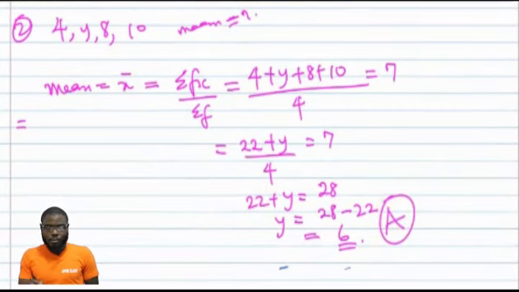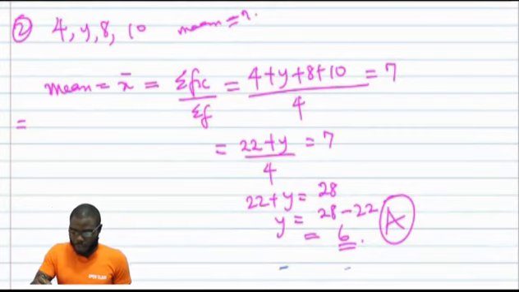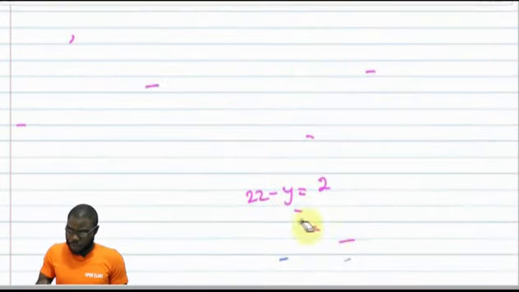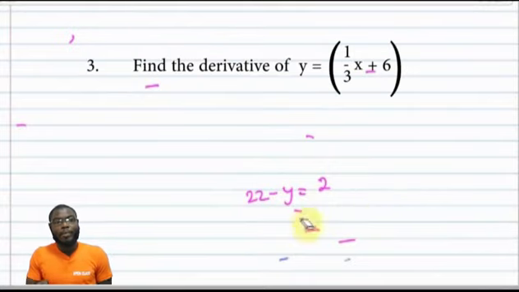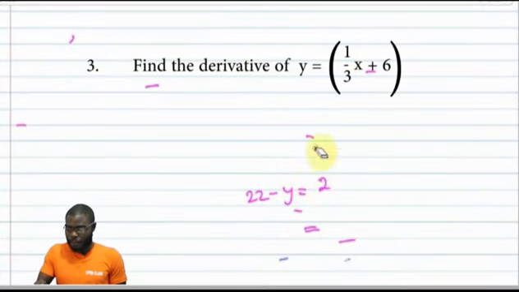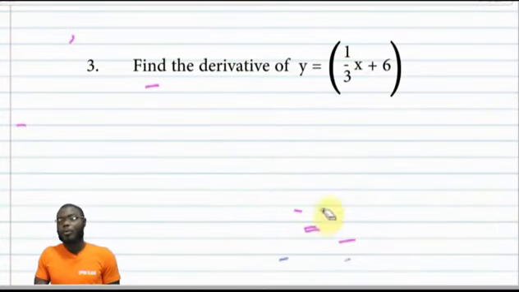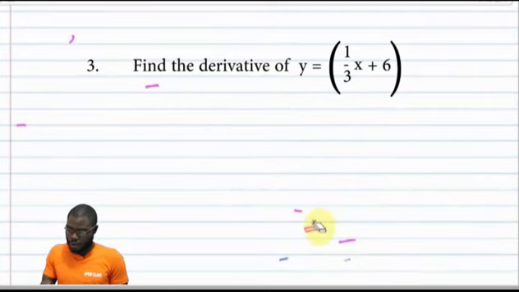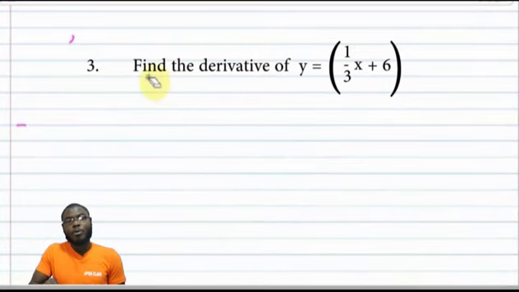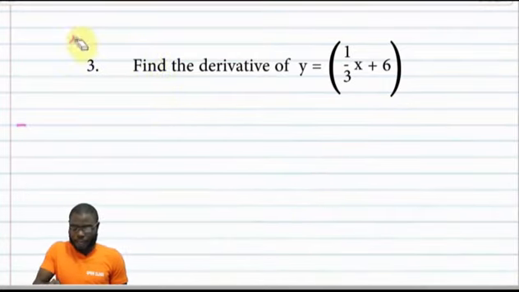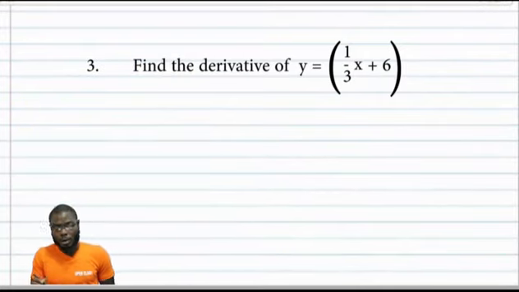All right. So question number 3 now. Question number 3 says, find the derivative of y equals 1 over (3x plus 6), all squared.